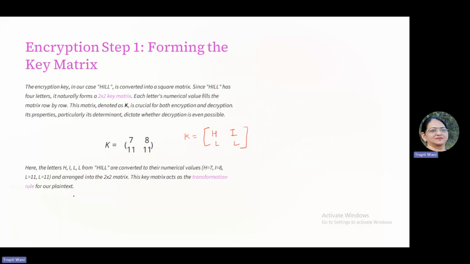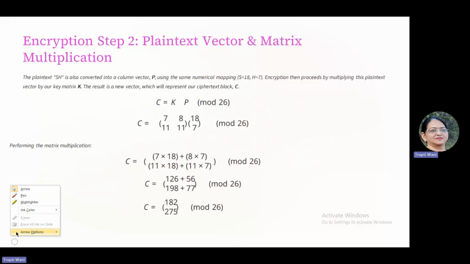And our plain text is SH. Now the method for encryption by using Hill cipher is C is equal to K into P mod 26. K is the key, P is the plain text. When we perform this multiplication, we will get the ciphertext. K is a matrix, 7, 8, 11, 11, that is HILL is our key.